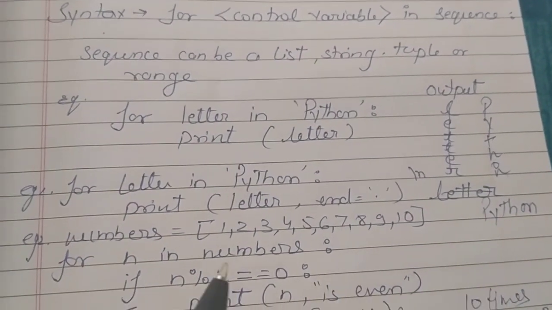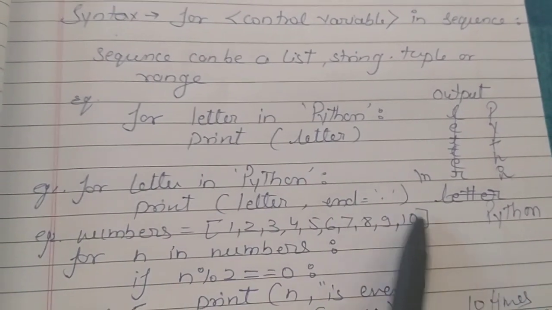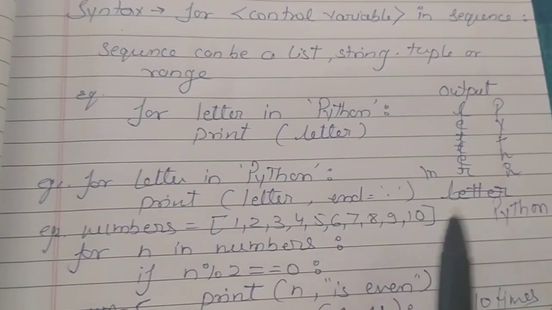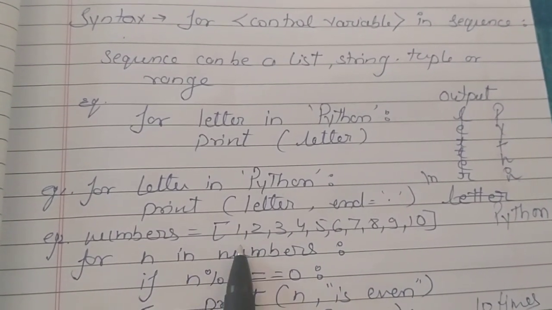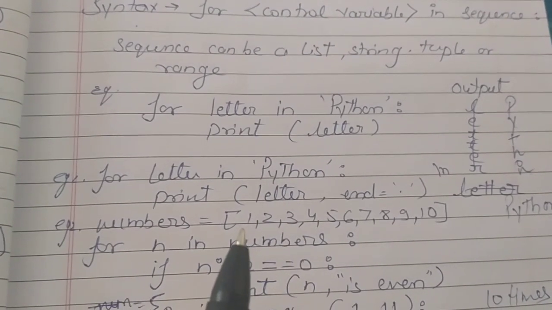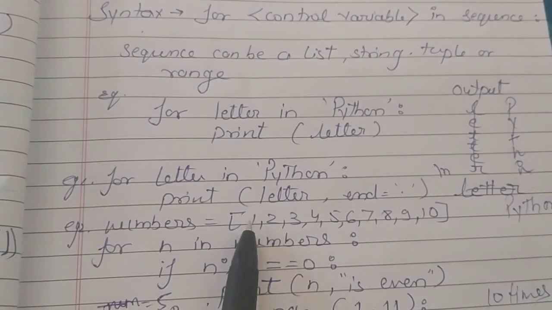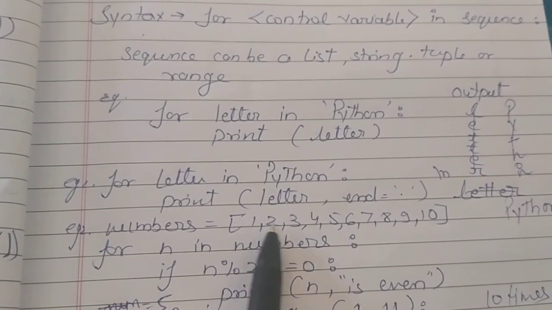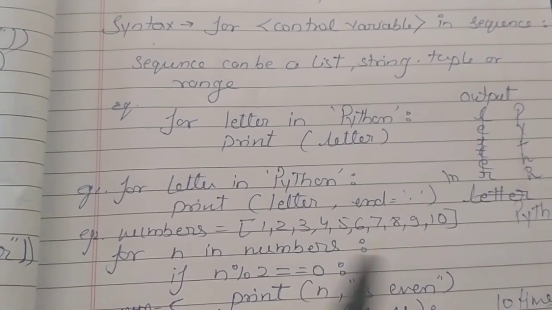Now in the second example, numbers is equal to a list of 1 to 10. A square bracket is a list. We are providing the list 1 to 10. Now we are setting a control, because what we want here is to go to each element. We want to go to 1, then 2, then 3, then 4, then 5, then 6. Like this we want to go to each one.